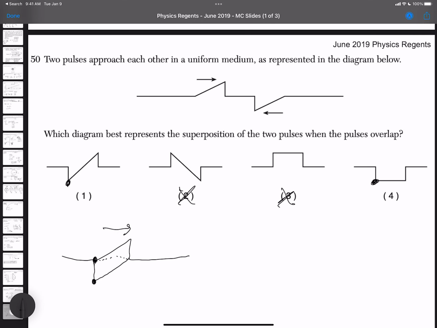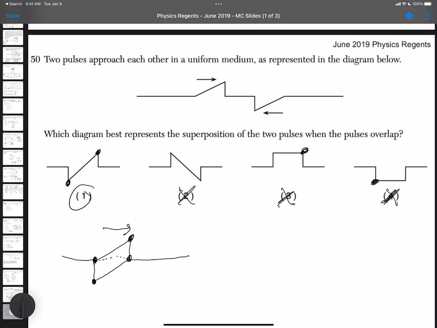And by symmetry, we've got our 0 plus something above. So we should end up with something that is above. Well, we've already eliminated answer choice 3, and now answer choice 4 isn't meeting that criteria. And so our answer choice here is 1.